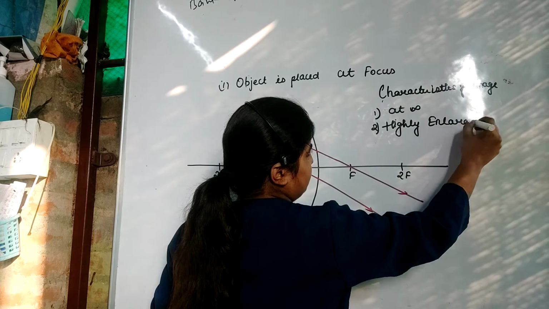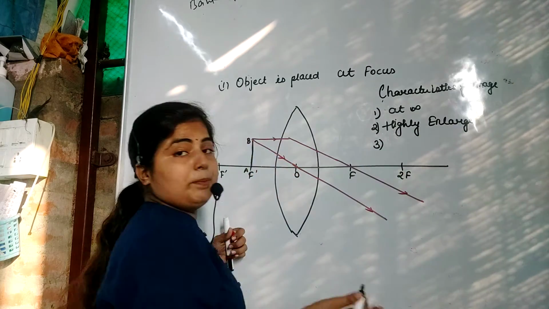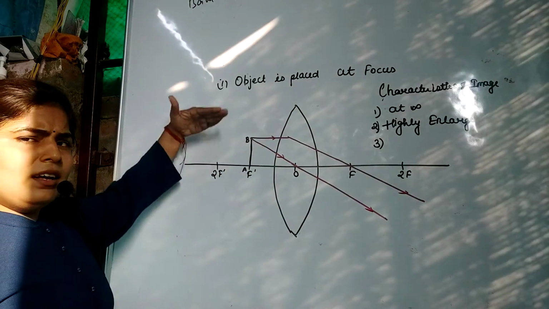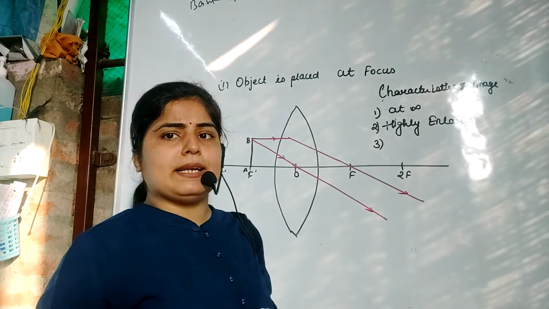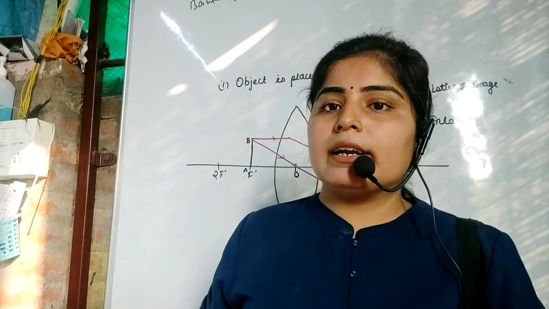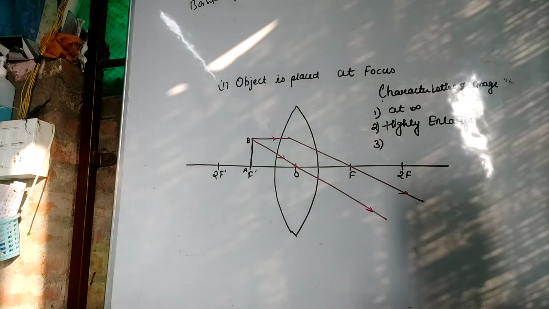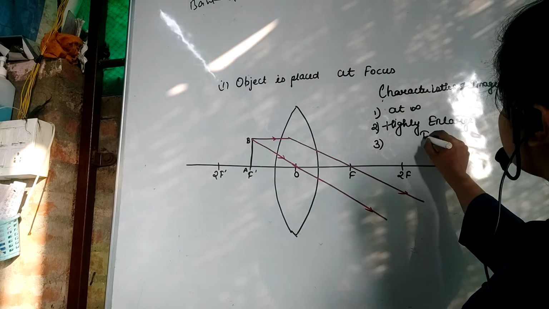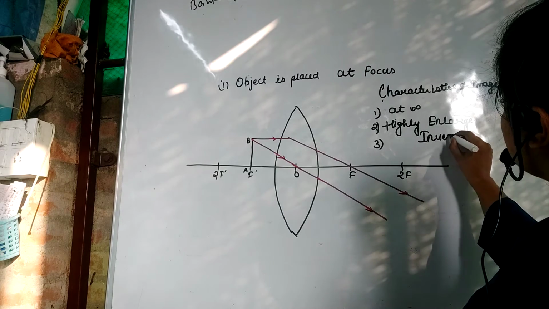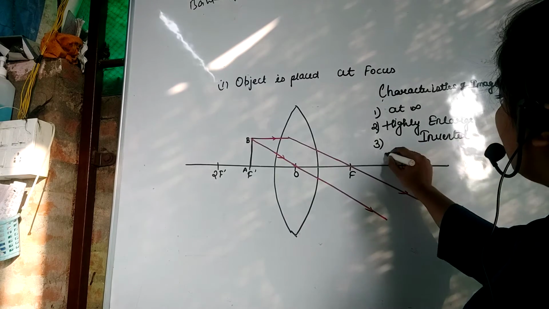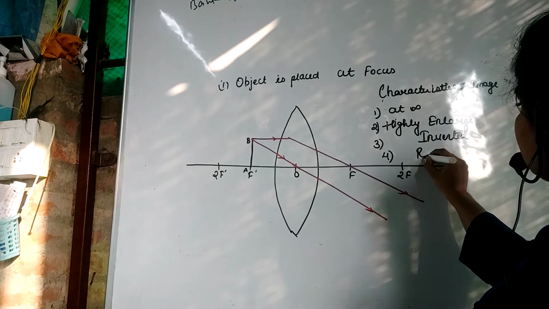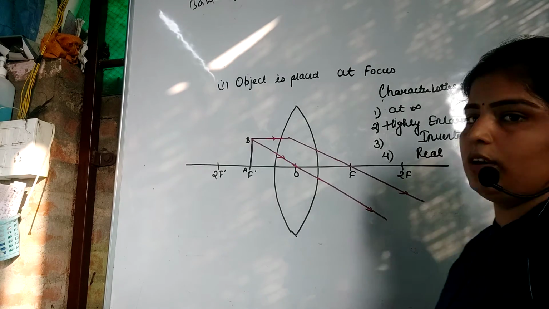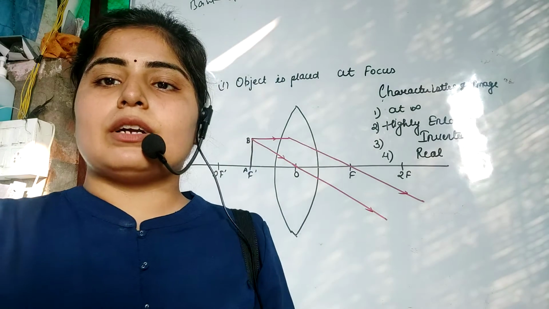And it is inverted because the object is above the principal axis, but the image which is formed is below the principal axis. So it is inverted in nature. And the fourth one is, it is real in nature. I think this thing was also clear to you.